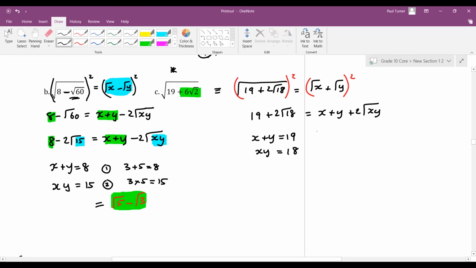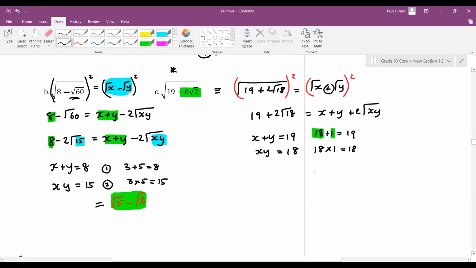So that one's pretty easy. That's just going to be 18 times 1. So 18 times 1 is 18, and 18 plus 1 is 19. So our two numbers are 18 and 1. Let's just check that. Yeah. So we're going to end up with root 18 plus root 1. It doesn't matter which one is which because we're adding now.